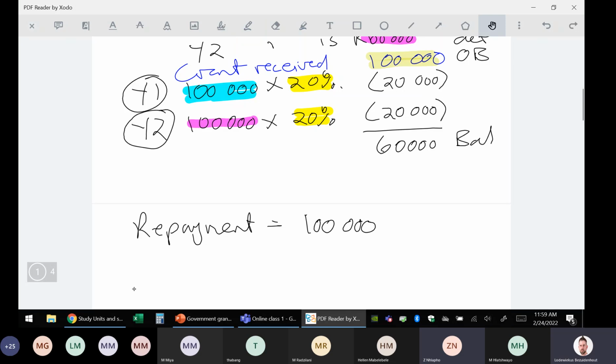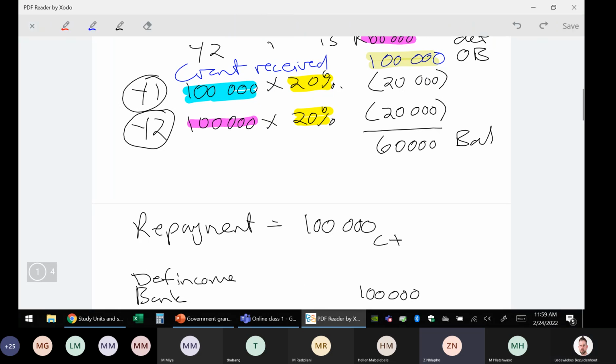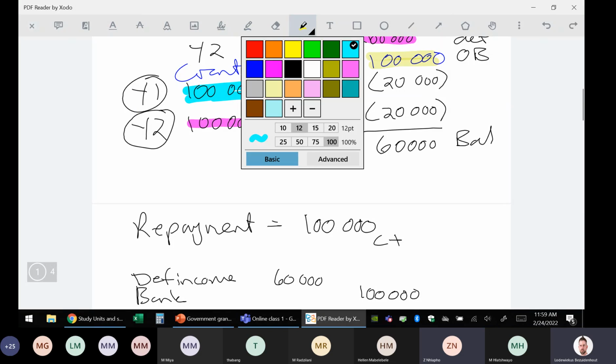So we will say bank credit with 100,000. Deferred income will be debited with 60,000. And that's the 60,000 that is our balance on the deferred income.